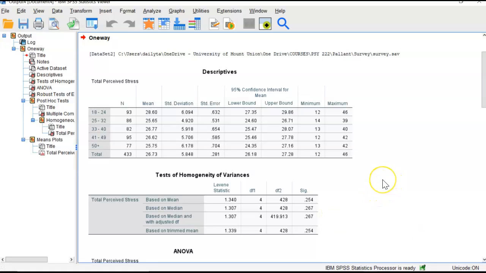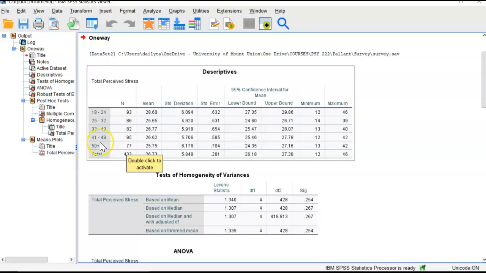So when you're looking at the output, as we saw with the t-test output, you're always given the descriptive statistics first when you've clicked to ask for those. So you've got your means. You also have your breakdown in terms of the number of participants that's in each of your age groupings. The age groupings are listed over here. Then you have your means. I always eyeball these numbers and I say, what looks different from what?